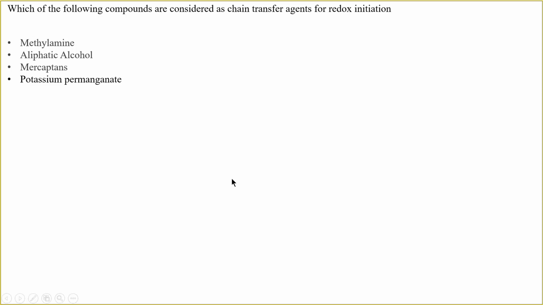Amongst these, the popular chain transfer agents for redox initiation are methylamine, aliphatic alcohols, and mercaptans. This is because they are able to initiate the higher state of ions and other initiating species by promoting the radical formation.